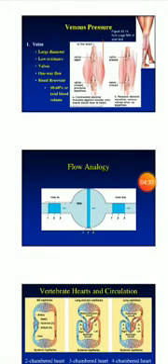Valves are present. This is a very important point. You can differentiate a vein from an artery by the valve. Only veins have valves. Arteries do not have valves. One-way flow is always there in veins. Veins are blood reservoirs holding 50 to 60% of total blood volume.